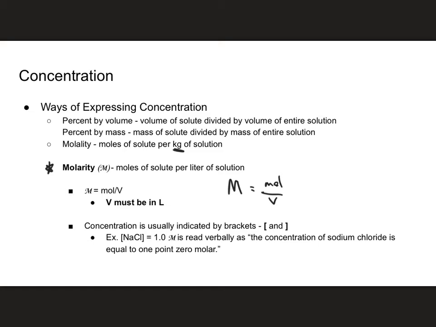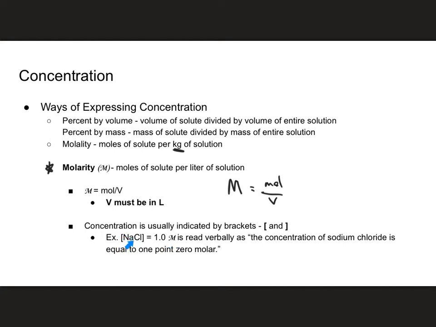Another thing you should know about molarity: oftentimes it is indicated by brackets. On homework assignments, tests or quizzes, you'll see something like NaCl, sodium chloride, just table salt. If you see brackets around it, that means whatever's on the other side is the concentration of it, usually in molarity.